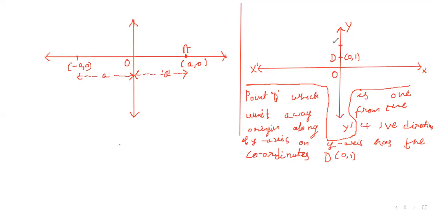Similarly, if we write a point E, 2 units away from the origin along y-axis and on the y-axis, think what will be the coordinates of this point? Think about that.